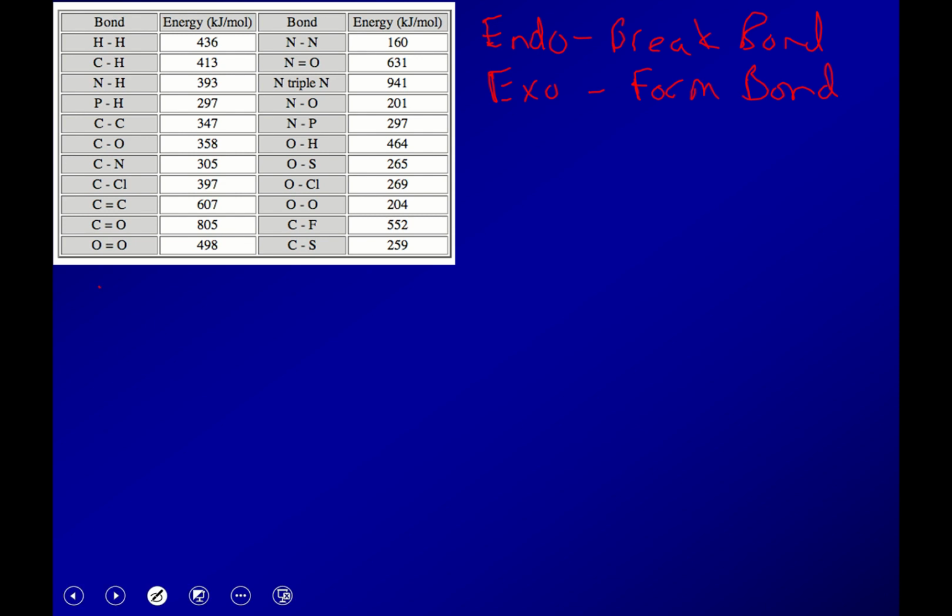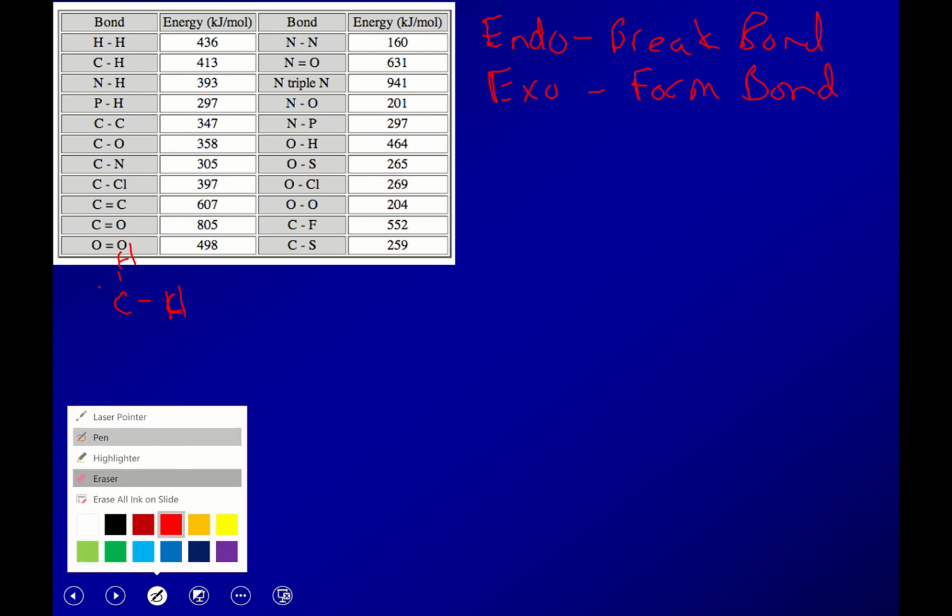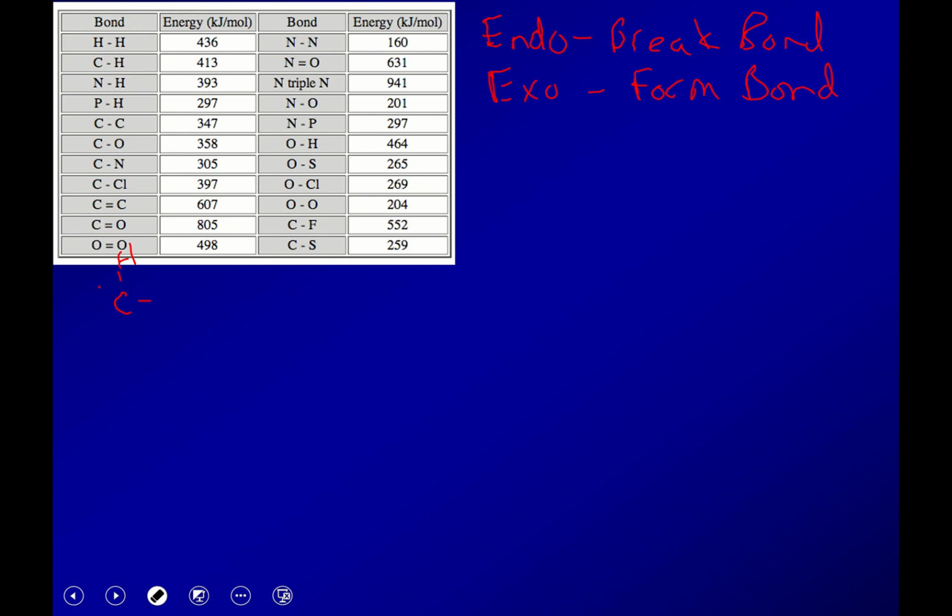So let's go ahead and do one here. I'm going to show each of the bonds between the atoms. Oops, that's a hydrogen. So we have CH4. CH4 is methane. It's the primary component in natural gas. Plus oxygen. I'm going to show each of the bonds because it matters for the bond energy whether we have a single, double, or triple.